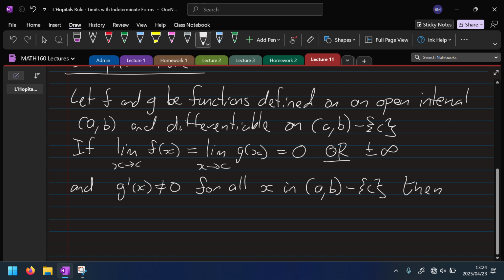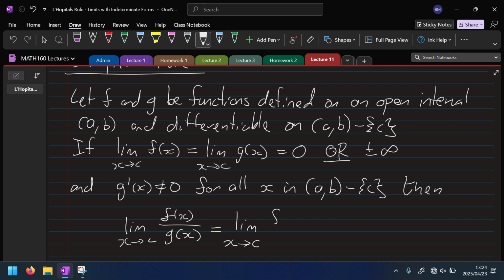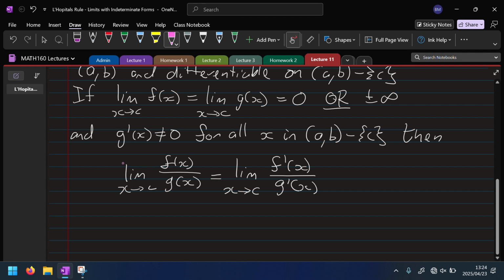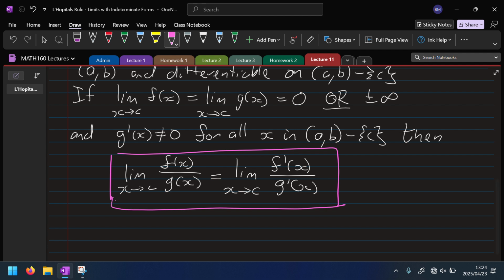Then we have that the limit as x goes to c of f of x divided by g of x is equal to the limit as x goes to c of f prime of x over g prime of x. This is the important part here, so put a nice box around that. As always, when we're dealing with limits, the limit must exist.